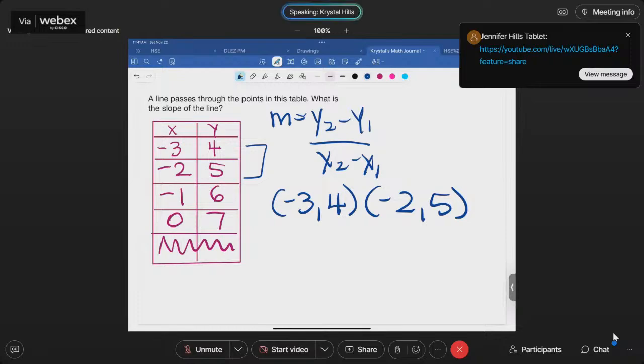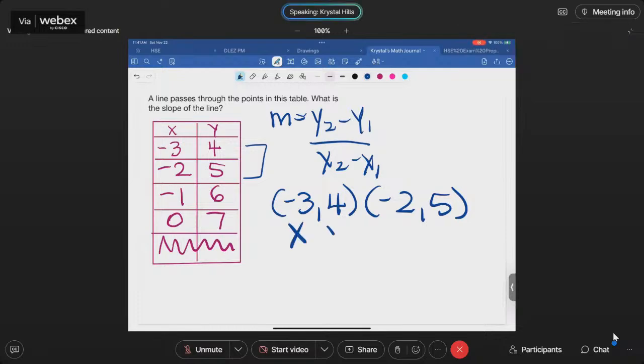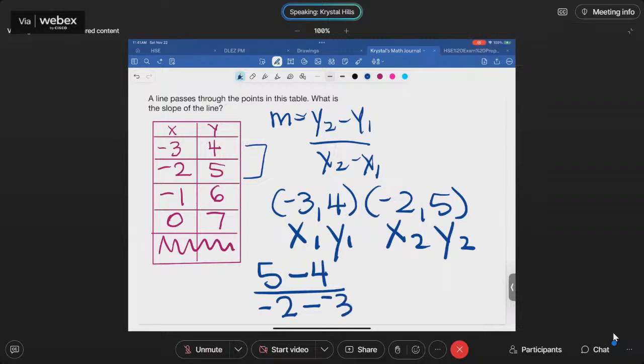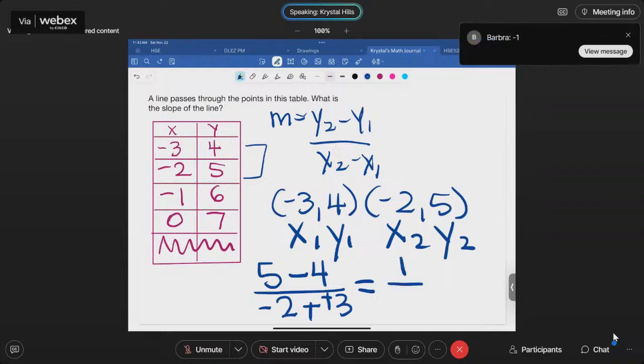All right, so we have X, we have Y. We have X, we have Y. This is our first, this is our second. Y2 minus Y1 divided by X2 minus X1. Minus negative becomes a positive. 5 minus 4 is 1.